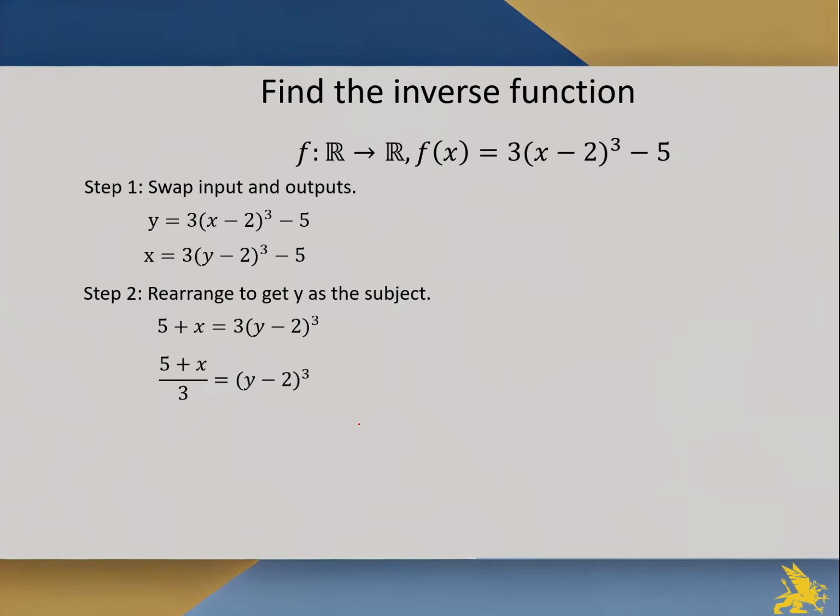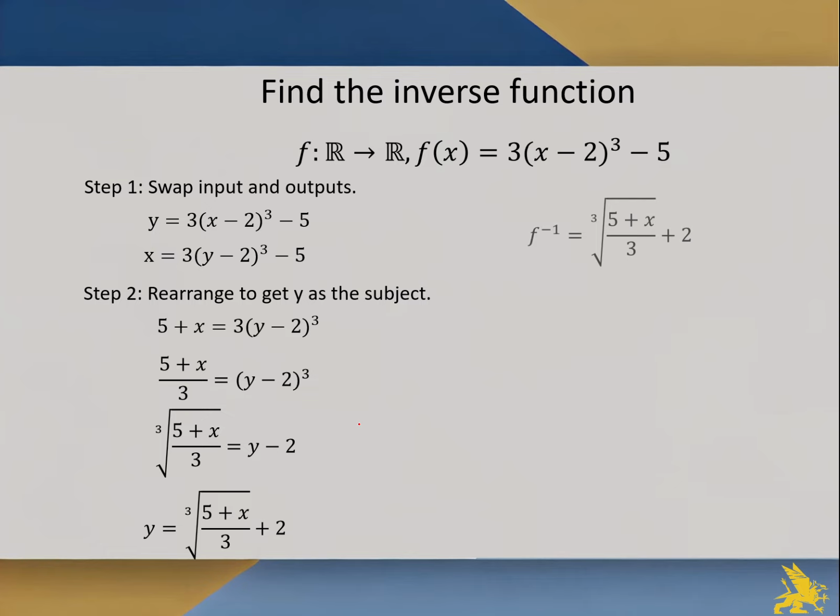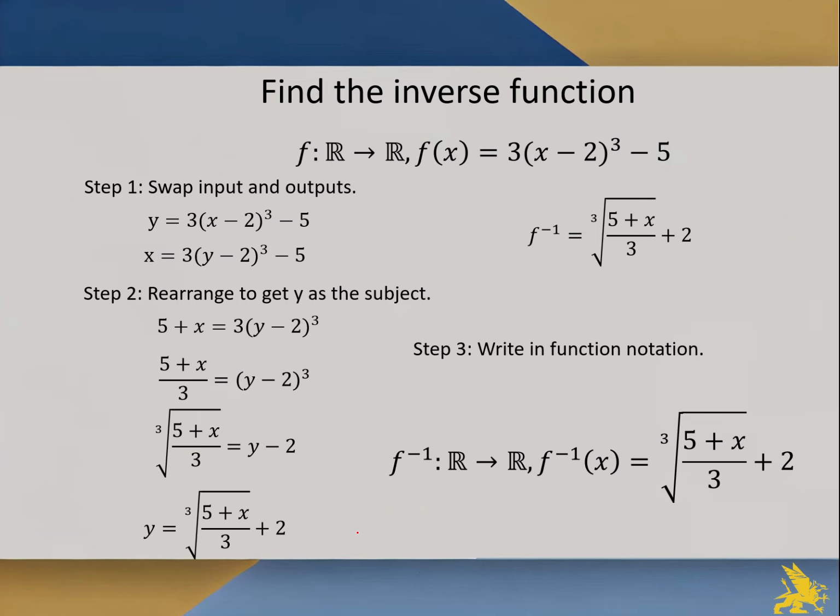I will then divide by 3, and then I will cube root, and then finally plus 2. So this gives me my inverse. If I'm going to write it in function notation, the inverse of f with a domain of all real numbers is graphed with all real numbers. The inverse of f of x is equal to cube root of (5 plus x over 3) plus 2.